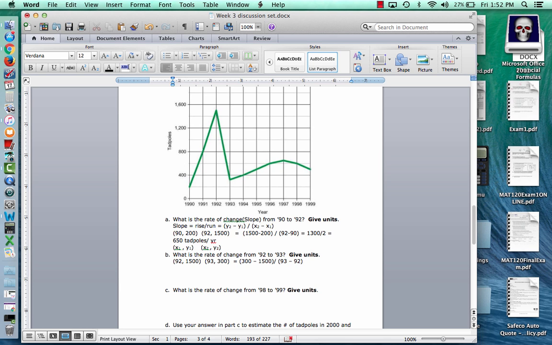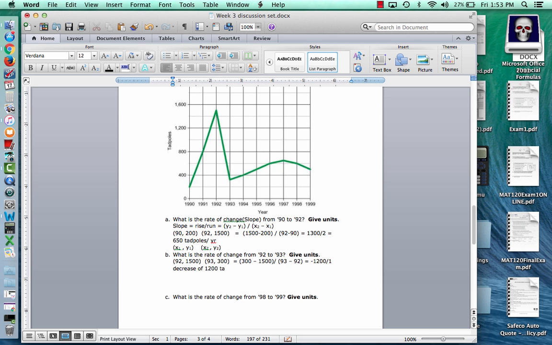So that's going to give me negative 1200 divided by 1. So that should give us negative 1200, or actually we should say a decrease, that's what the negative stands for, decrease of 1200 tadpoles per year.